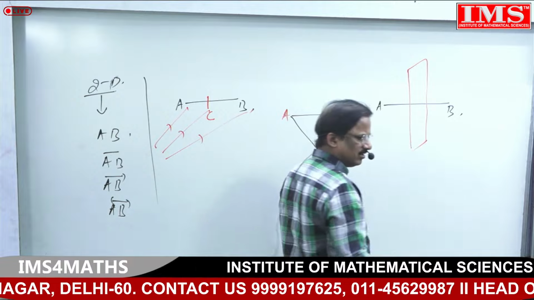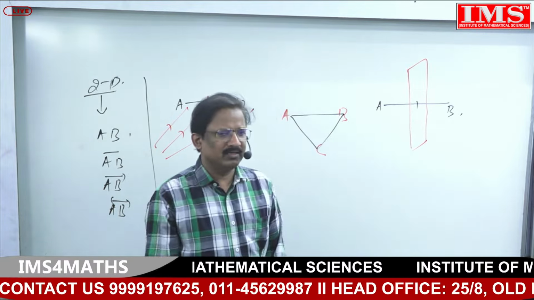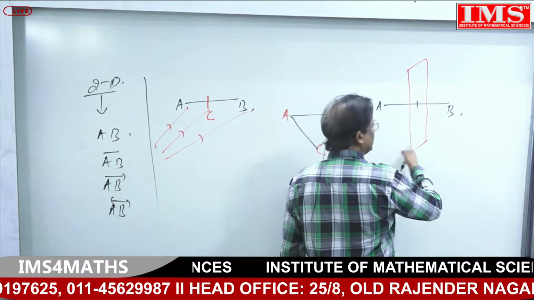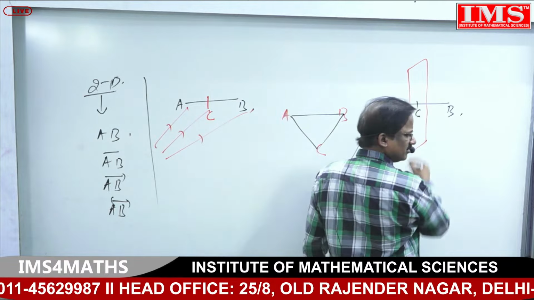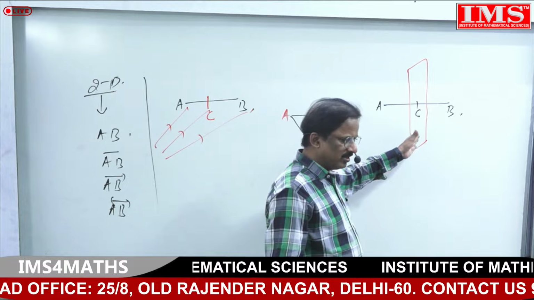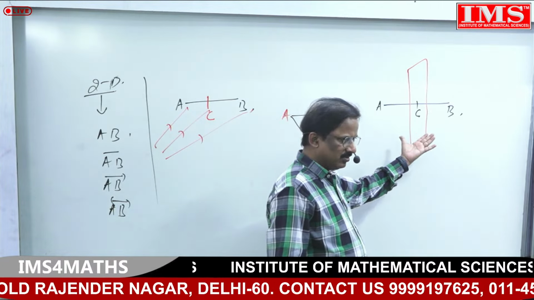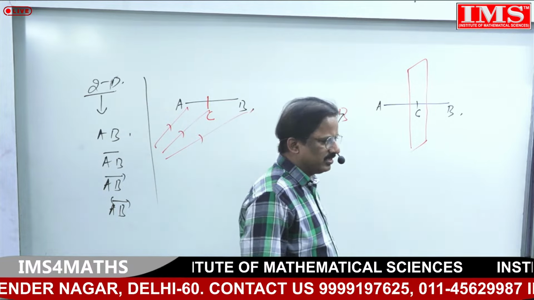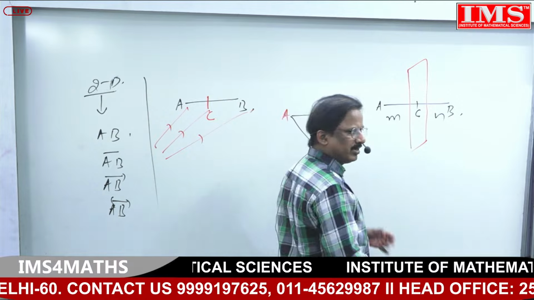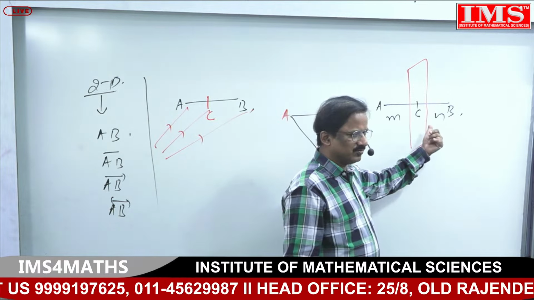Well, this plane divides the line segment AB internally, through which point this plane cuts this line segment, some point C. That's it. But this point C satisfies the plane and lies on the line segment. That's what you understand. But this plane divides the line segment internally in the ratio m:n. M and n are nothing but the distances from A to C and C to B. That's what we would say.